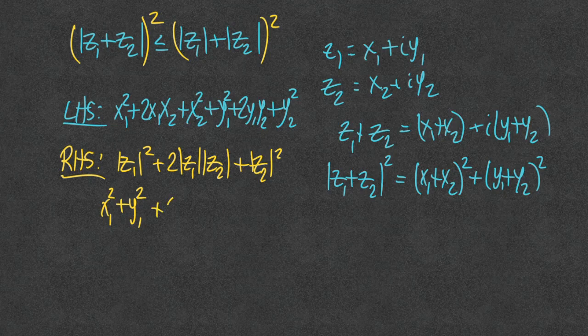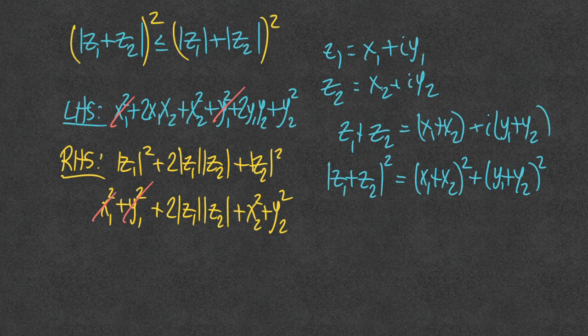All right, plus 2, and I'm going to go ahead and leave this alone for now, modulus of Z1 modulus of Z2, plus x2 squared plus y2 squared, the real part of Z2 squared plus the imaginary part of Z2 squared. Okay, so that's great because now we can compare and we see that that's the same as that, that's the same as that, and that's the same as that.